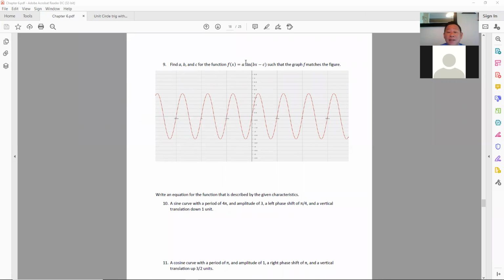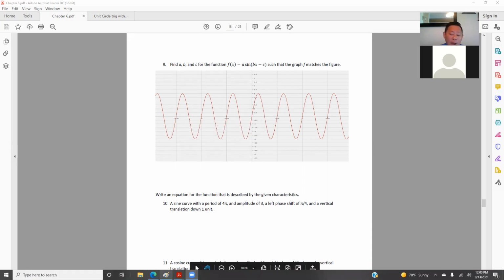In order for us to find A, B, and C, as you know, A is your amplitude, B is a part of your period, and C is your phase shift, because phase shift is C over B. And then we don't have a D. That means this graph doesn't move up or down, so the D is not there. So how do we figure out what A, B, and C are?